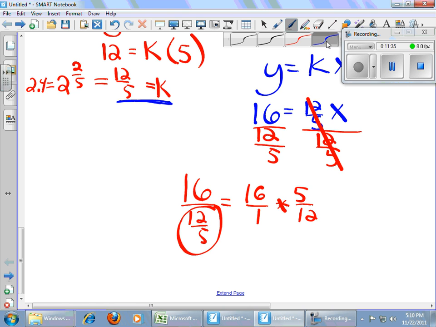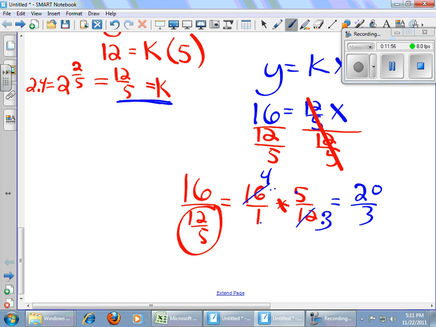Now, I'm going to look here and here. I know that 4 goes into both 12 and 16. So I'm going to divide 16 by 4 and get 4. 12 divided by 4 will give me 3. Nothing else will cancel out, so I will multiply. 4 times 5 is 20. 3 times 1 is 3. And that number doesn't make a whole lot of sense to me.